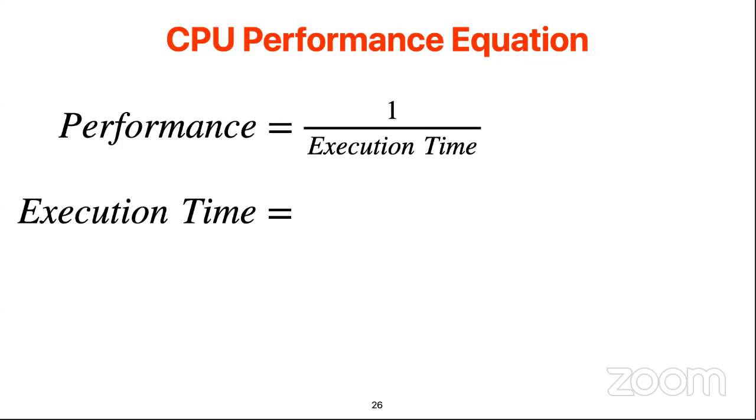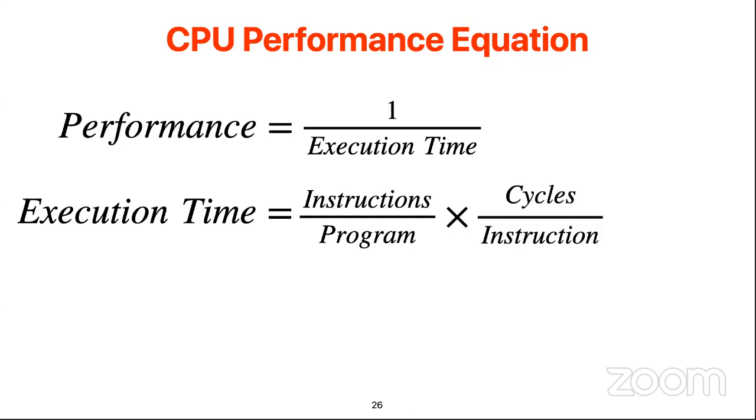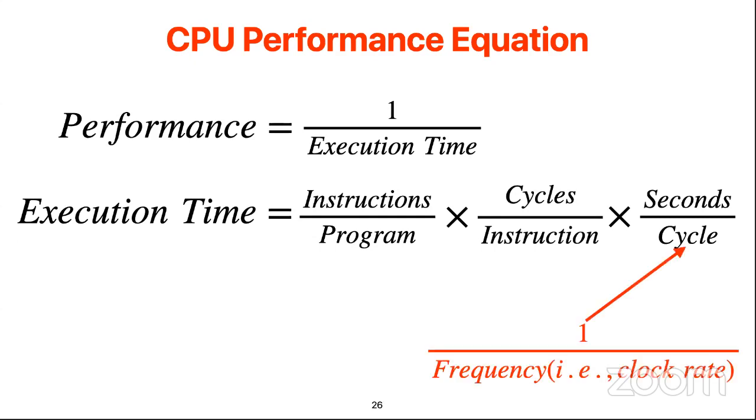And the execution time is calculated from the total number of instructions within a program, how many cycles per instruction, and the cycle time. The cycle time is usually the reverse of your frequency. So if you have a processor with a higher frequency, the cycle time is smaller.